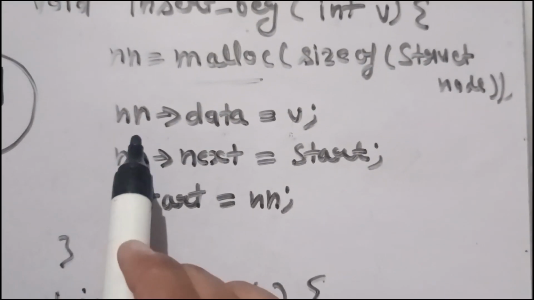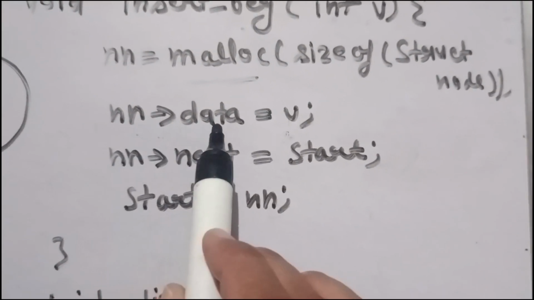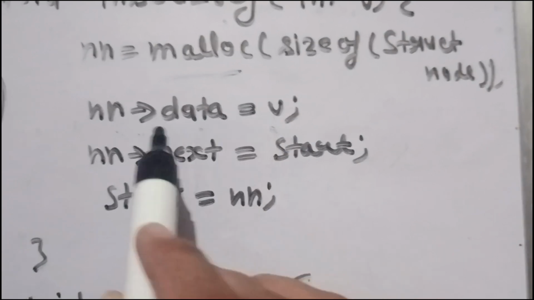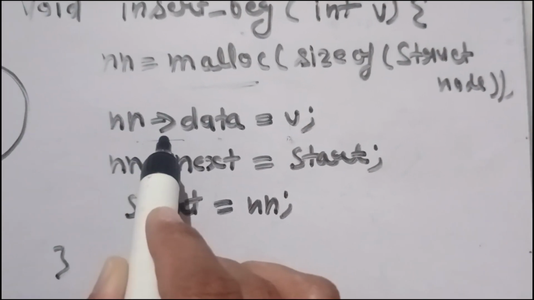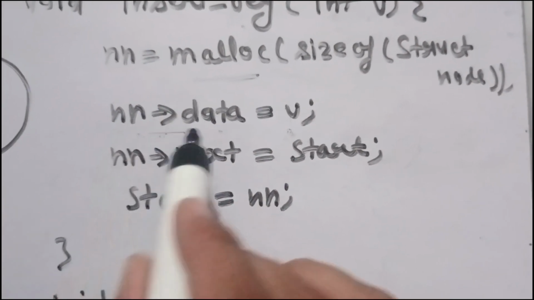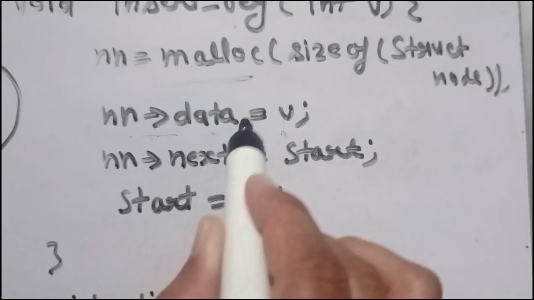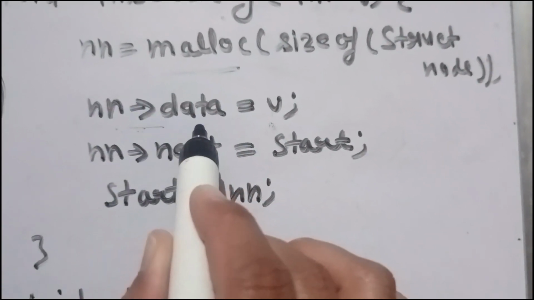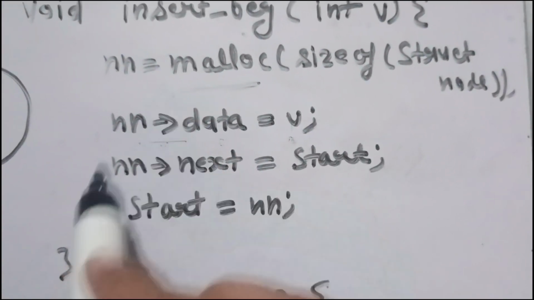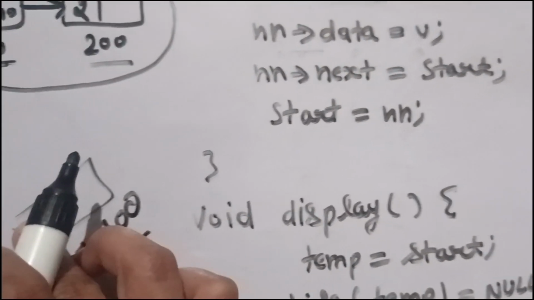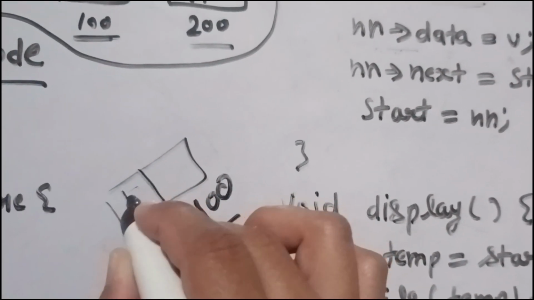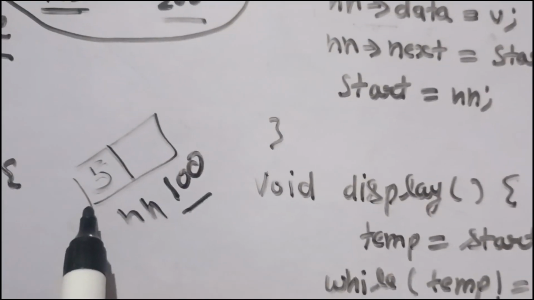Now what is this arrow? This arrow means go to the structure and access this part inside the structure using a pointer. That's the meaning of this arrow. So suppose the user gives the value 5, so 5 will come here.